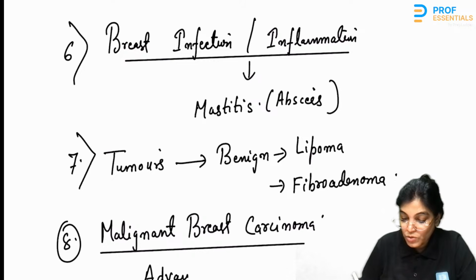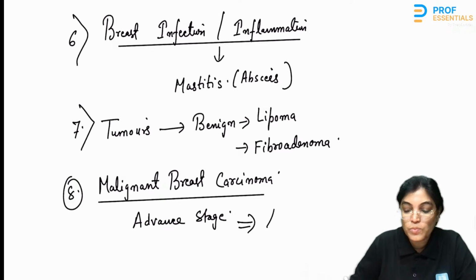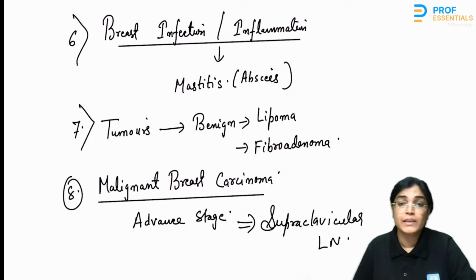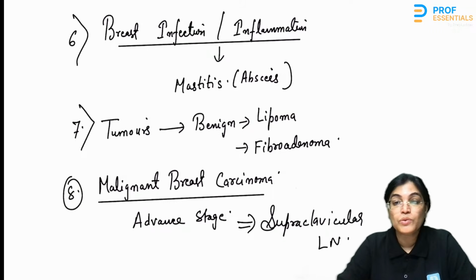In an advanced stage of breast cancer, the lymph node involved is the supraclavicular lymph node. Whenever you see a breast carcinoma case in the surgery ward and the supraclavicular lymph node is involved, that means it is an advanced stage breast carcinoma. That is very important for you to know.